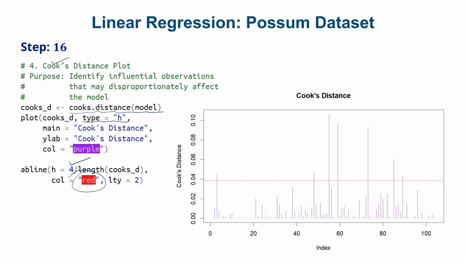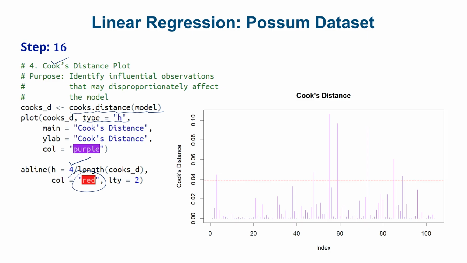In our case, the Cook's distance plot for the possum model shows that most observations fall well below the threshold. This suggests that no single data point is unduly influencing the regression results. Cook's distance is a critical tool in our regression toolkit. It doesn't test assumptions directly, but it protects your model from distortion by identifying data points that might dominate the results.